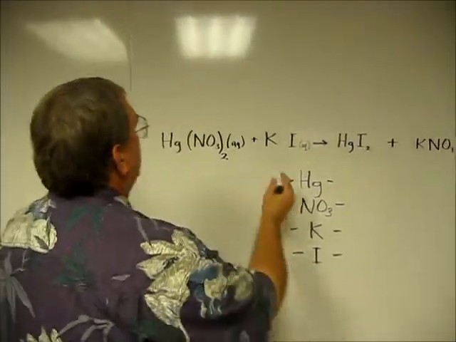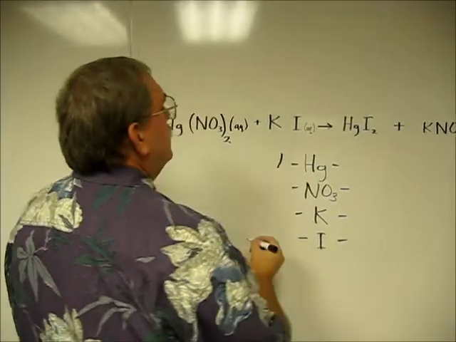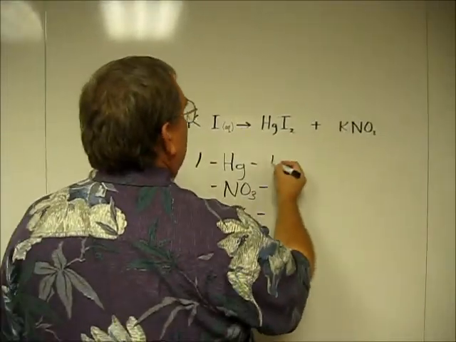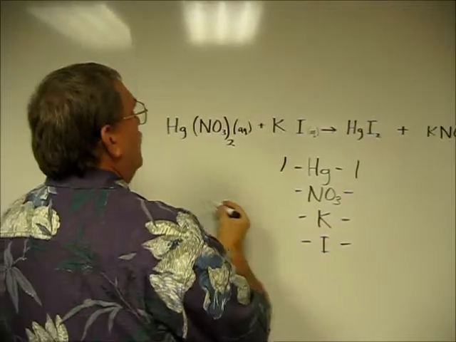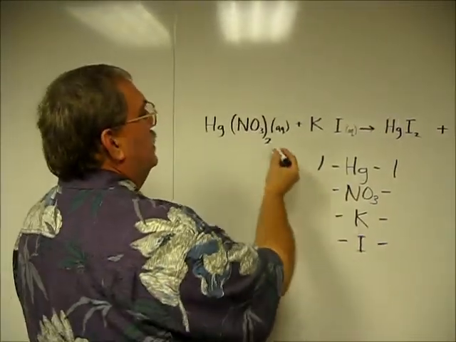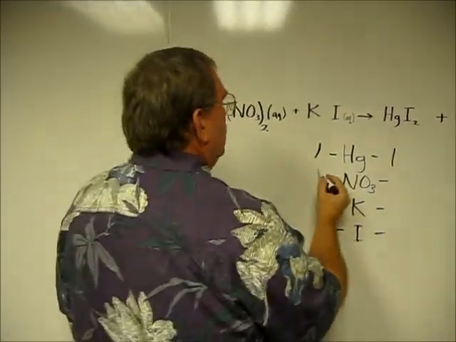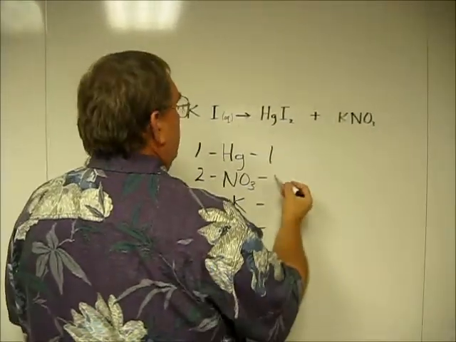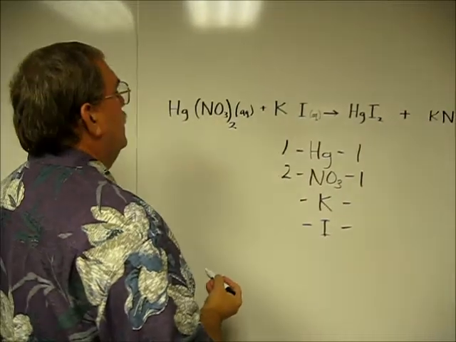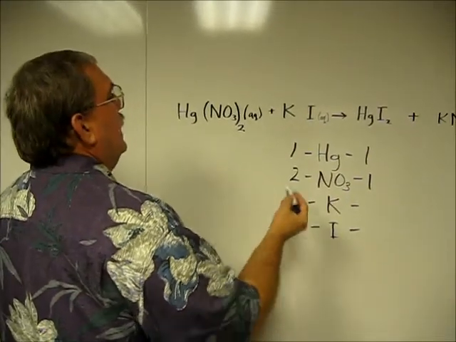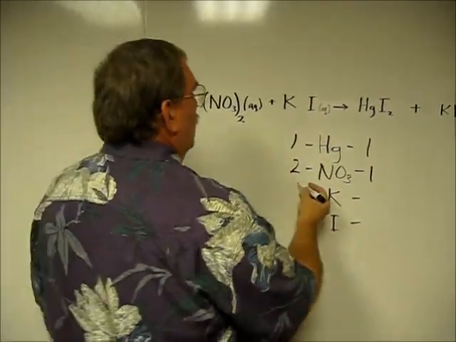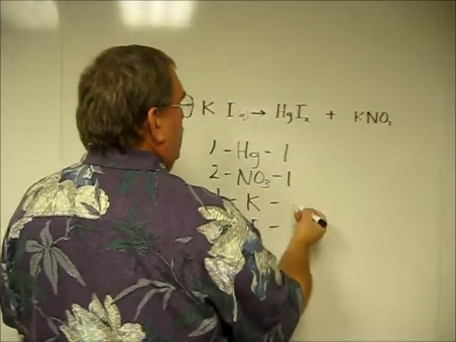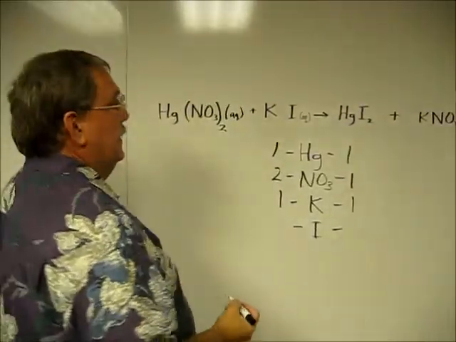On the reactant side, mercury, there's 1. On the product side, also 1. With respect to nitrate, on the reactant side, we have 2 ions. On the product side, 1. With respect to potassium, reactant side 1, and also 1 on the product side.